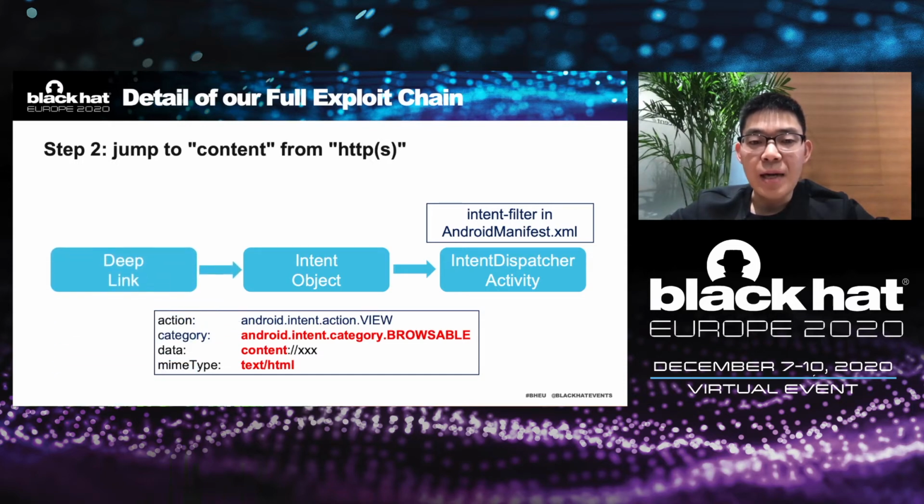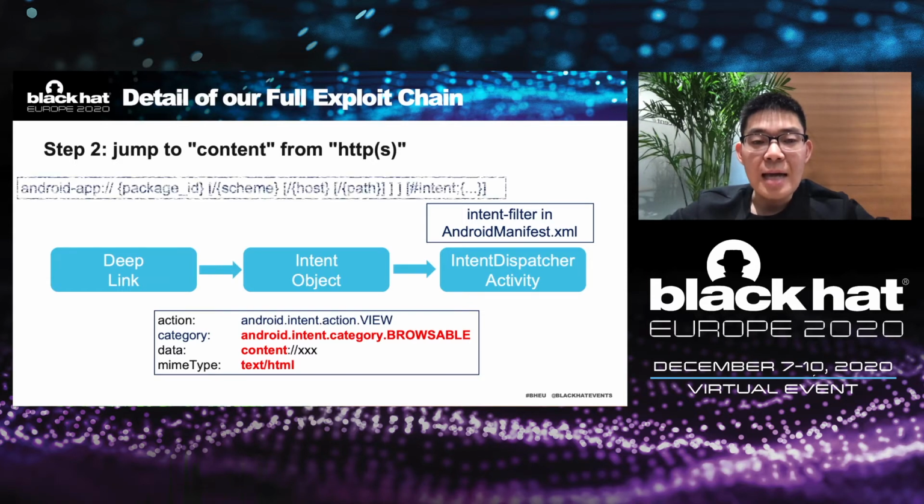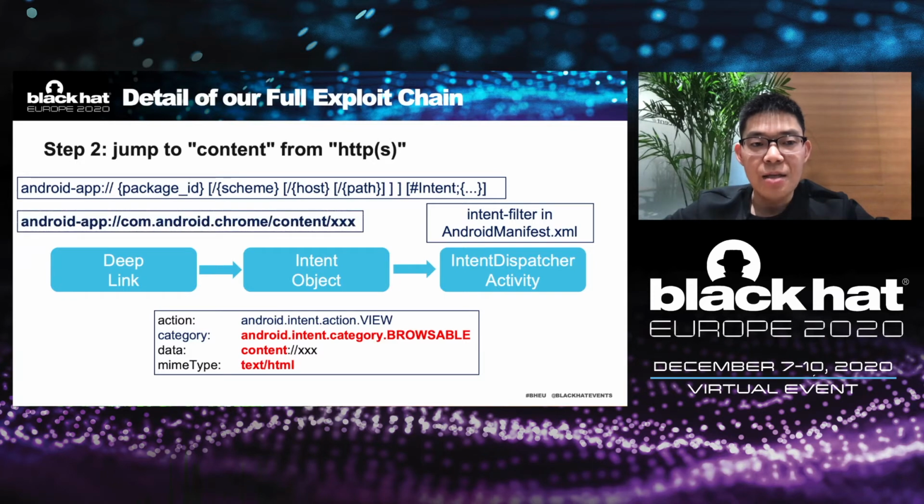So, what deep link can be passed to this type of intent object? In light of the Android app deep link pattern, we can get the resulting deep link like this.